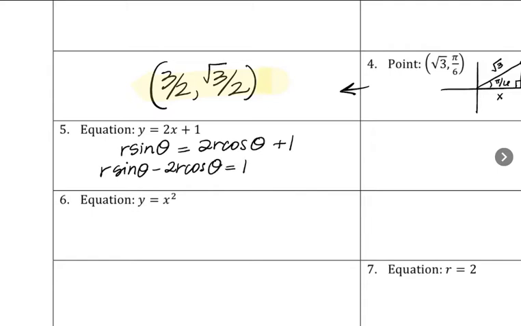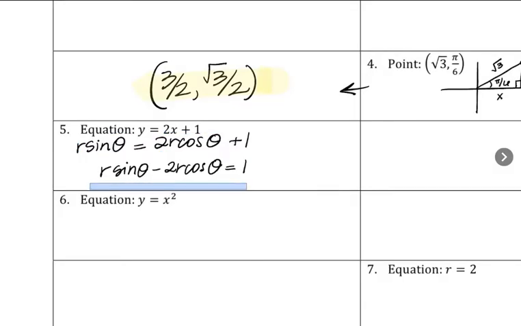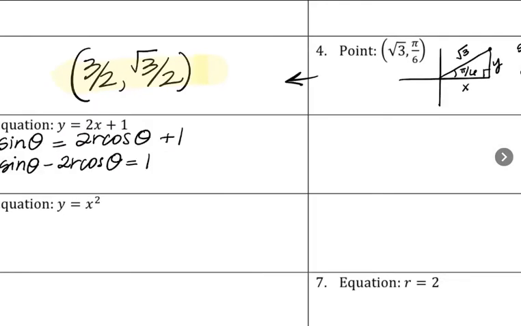Now that I have both r's on one side, I want to factor that r out. I'm going to shift this over a little bit so I have some room to work. So I'm going to factor that r out, and what I'm left with is sine theta minus 2 cosine theta equals 1.